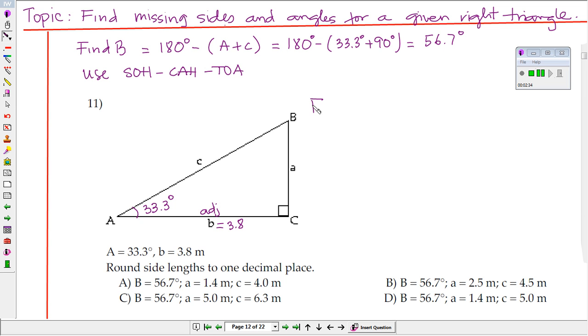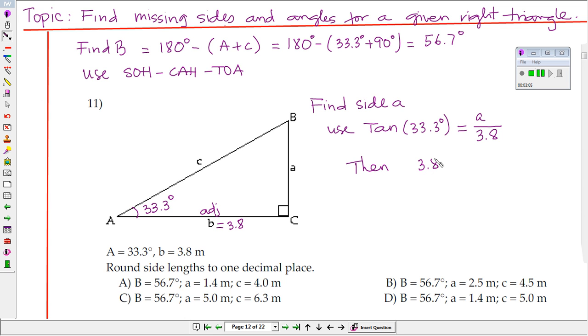To find side A using tangent: tangent of 33.3 degrees equals the opposite, which is the letter A that we do not know, divided by the adjacent, 3.8. So therefore we can solve for A.